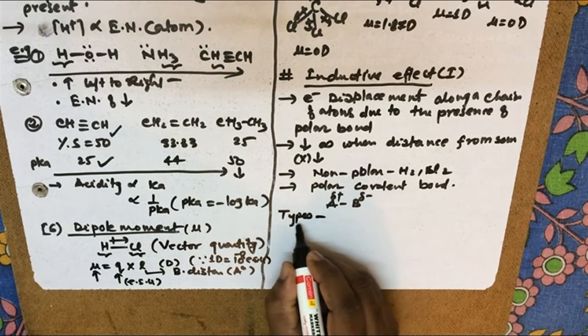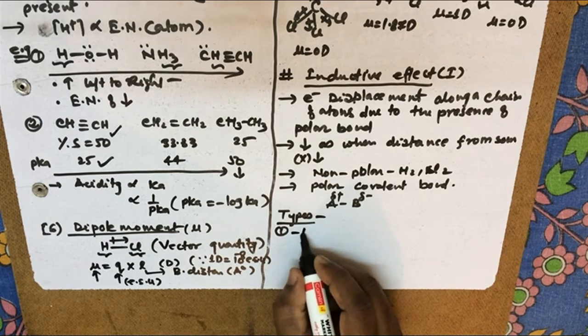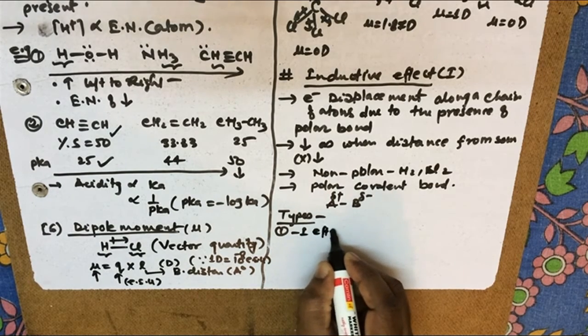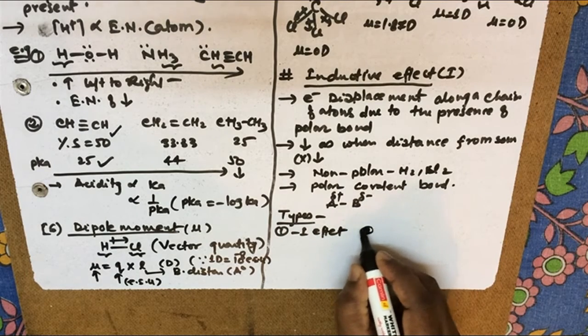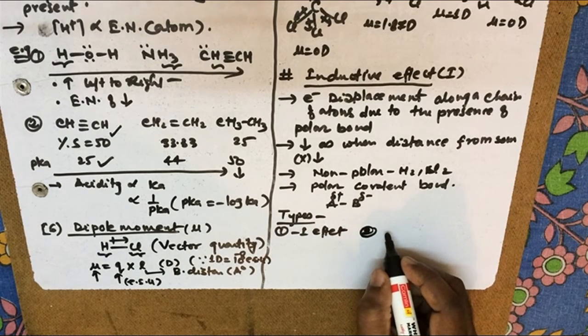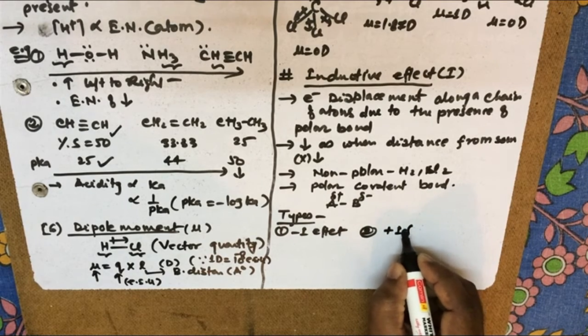Now we will discuss the types. There are basically two types: one is the minus I effect, the other is the plus I effect.